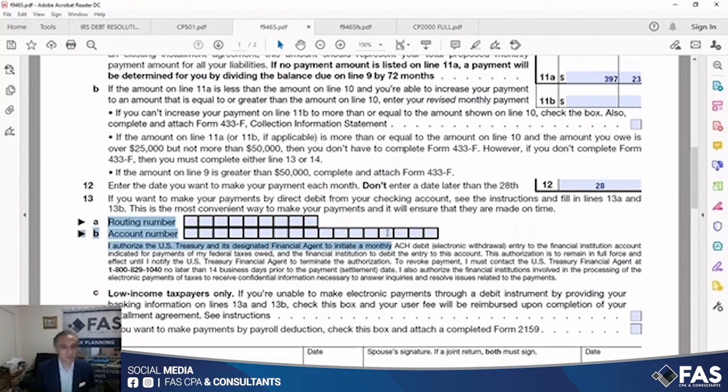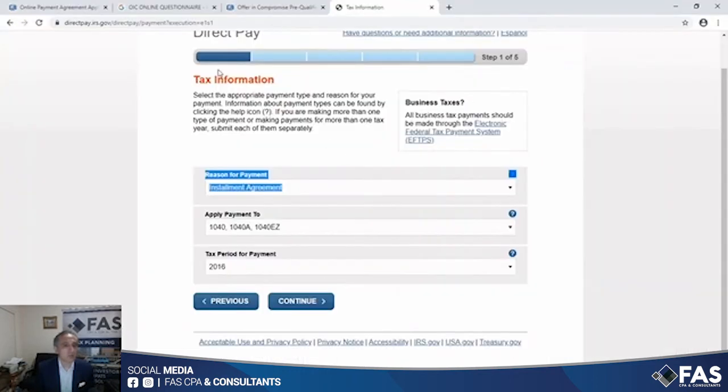for example, as I said before, if you select routing number and an account number, the IRS is not going to process this immediately. So you will need to do at least 2 or 3 payments online using irs.gov payments with the reason for payment, installment agreement, the number of the form return 1040, and the year.